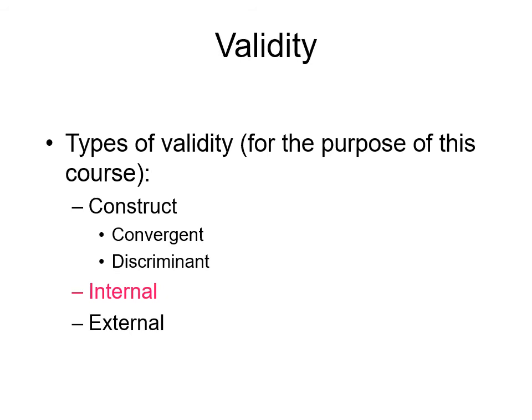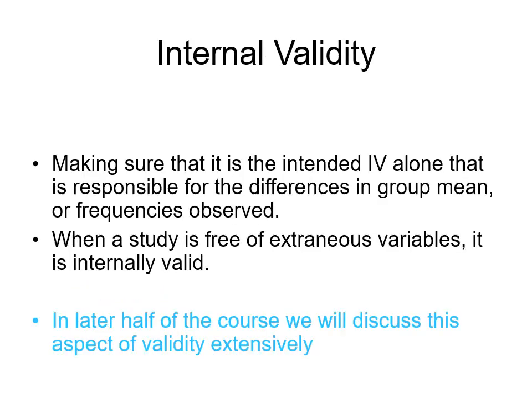Okay, so we have covered the construct validity aspect of it. Now let's talk about internal validity. We're going to spend an entire class on internal validity in the later half of the course because there are a lot of aspects when it comes to internal validity. But I just want to briefly mention what it is.